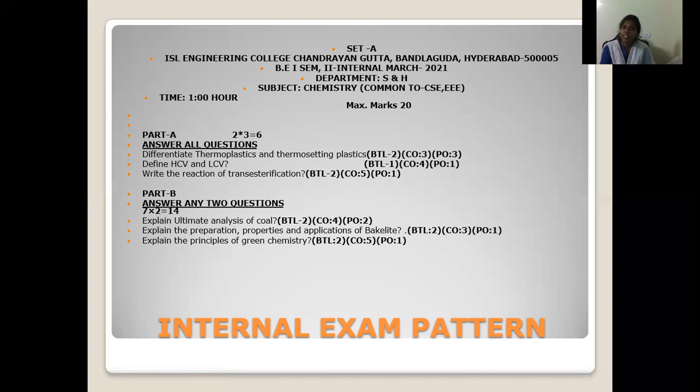For every day you will have 1 mark, so for 10 classes you will get around 10 marks. Like that, every day we take 1 mark, and finally we take the average. After averaging, we get the assignment marks. So this is the internal examination question paper pattern.